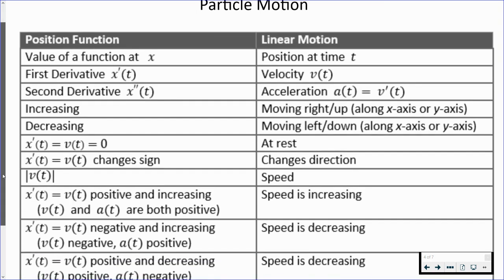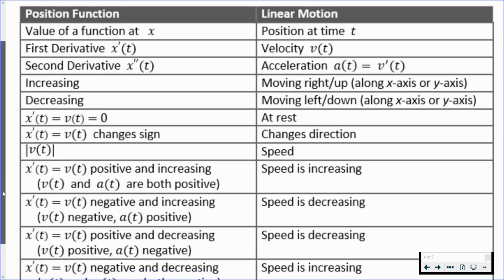The next thing that I want to talk to you guys about is a cool little graphic organizer for the differences between what we say when we're talking about a position function and what it means for actual motion. A lot of times we're doing the same things.